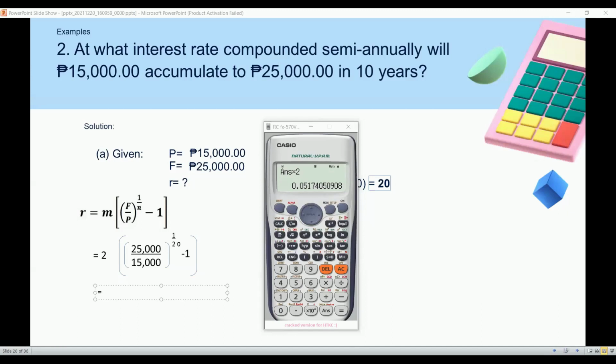Hindi naman siya kailangan i-round off kasi hindi naman mataas ang value ng 4. So, ito na yung ating R.